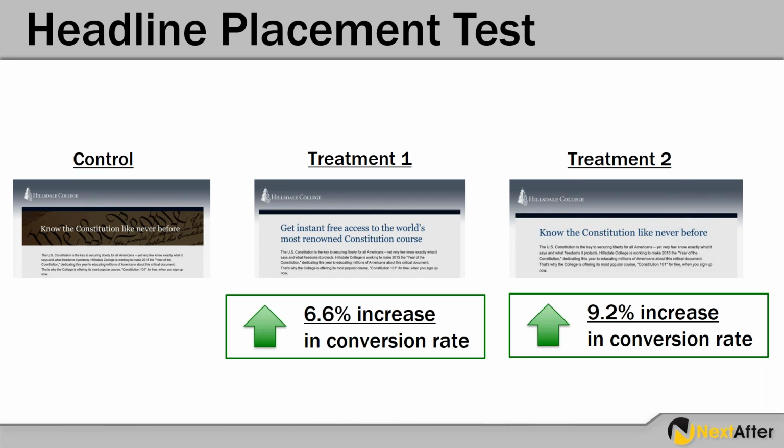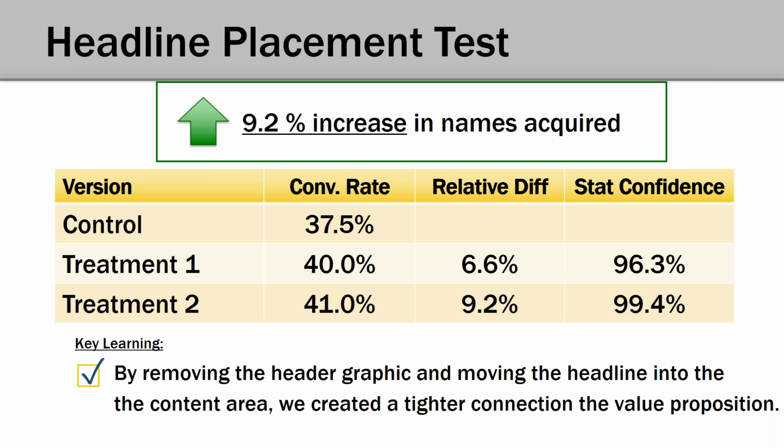However, what this suggests is that the specific variable of the headline, or in the header, can make a difference and impact your conversions. So you can see the control here had a conversion rate of 37.5%, treatment 1, 40%, treatment 2, 41%. So when it comes to testing these landing pages, one variable that you may want to consider is the graphical headers that you have perhaps at the top of your pages.